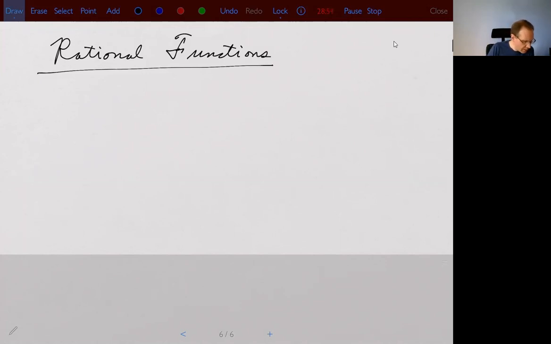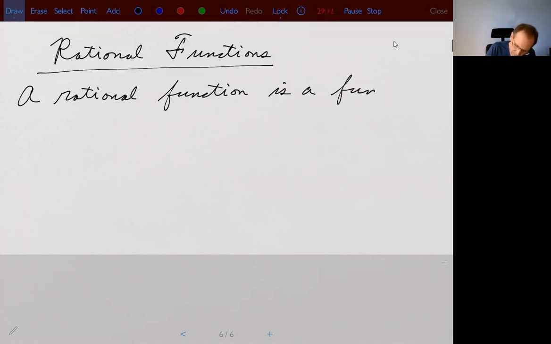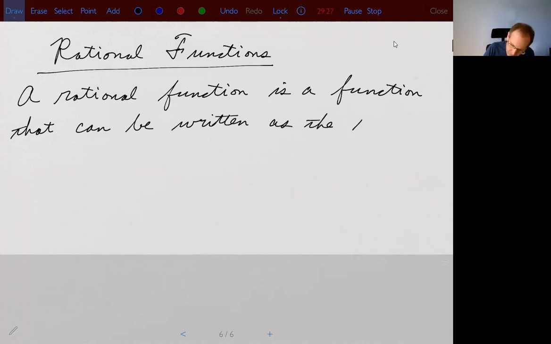So rational functions. A rational function is a function that can be written as the ratio of two polynomials.